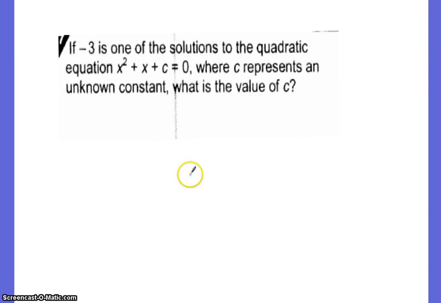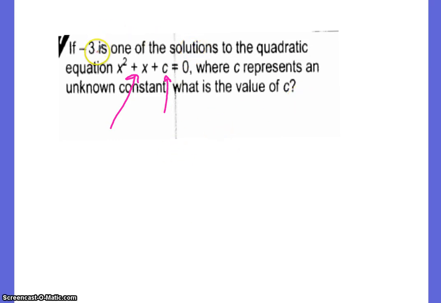If negative 3 is a solution, thinking back to factoring, we know that the factors of c, when you combine them, have to equal the number in front of x. We also know that solutions and factors have opposite signs.